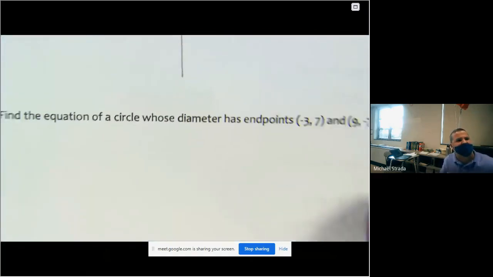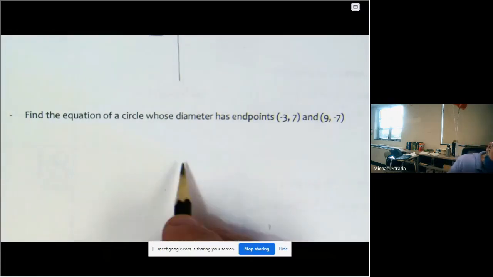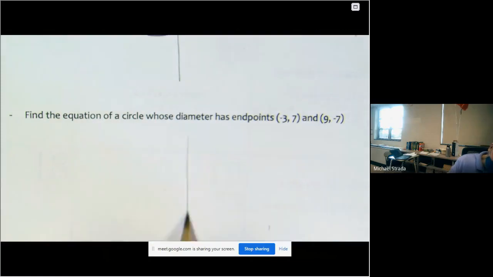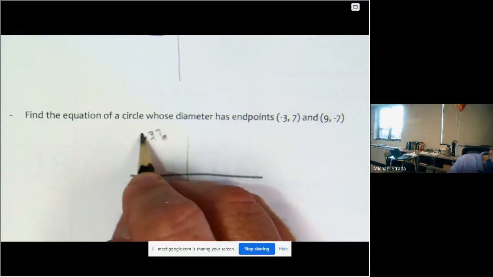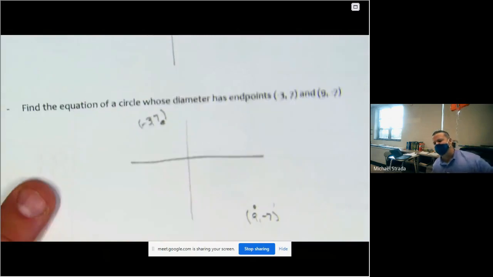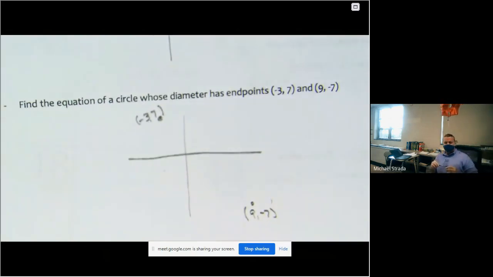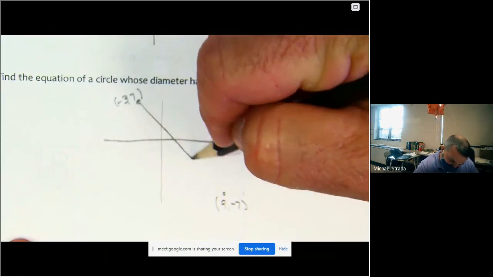Find the equation of a circle whose diameter has endpoints (-3, 7) and (9, -7). The point (-3, 7) is here, and (9, -7) is down here. That line segment, ladies and gentlemen, represents a diameter.